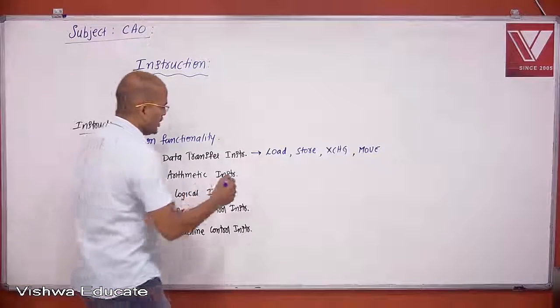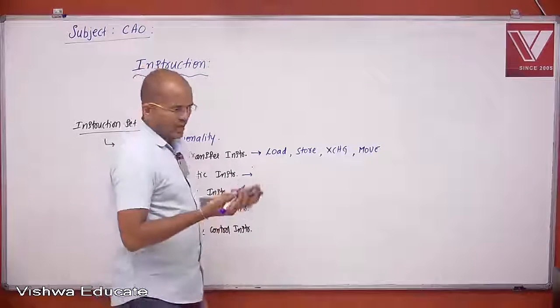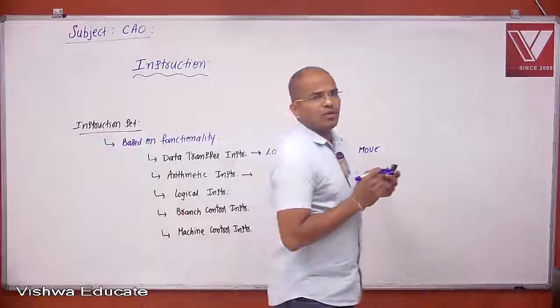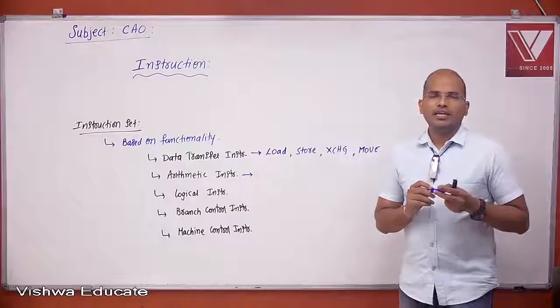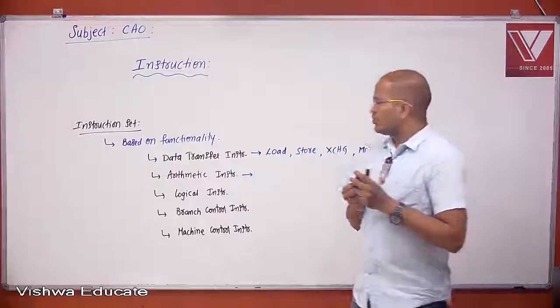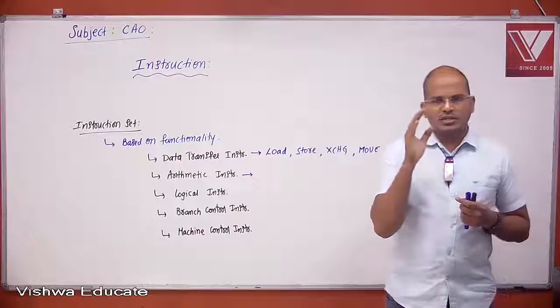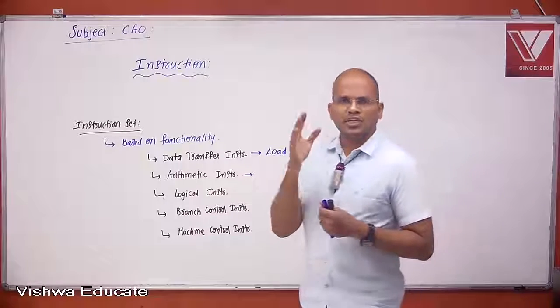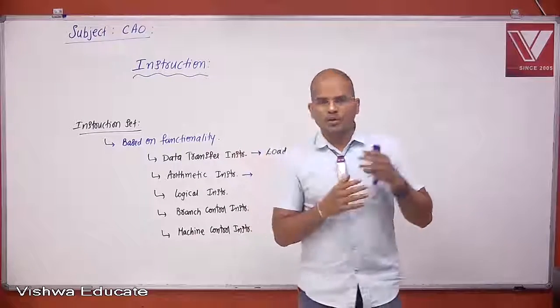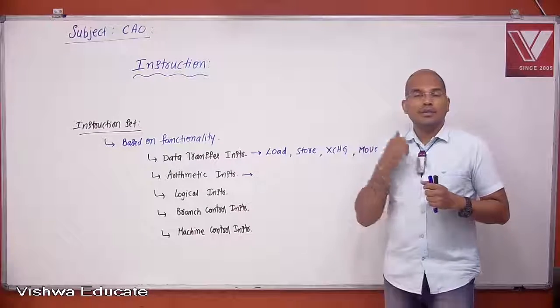Now coming to arithmetic instructions. What do you mean by the word arithmetic instructions? As the name says, arithmetic operations are addition, subtraction, multiplication, division, right? A few processors support only addition, subtraction, incrementation, decrementation. Few support multiplication and division directly too.